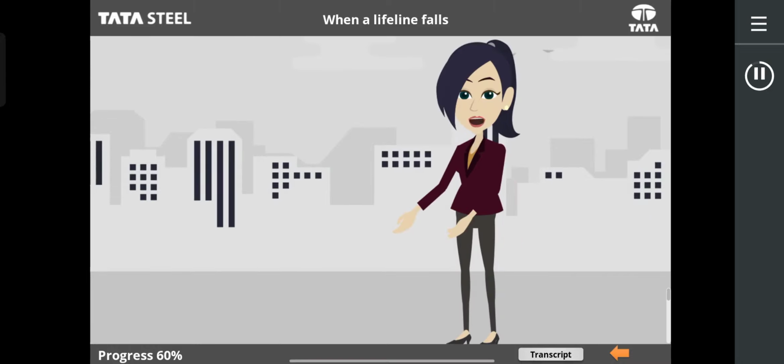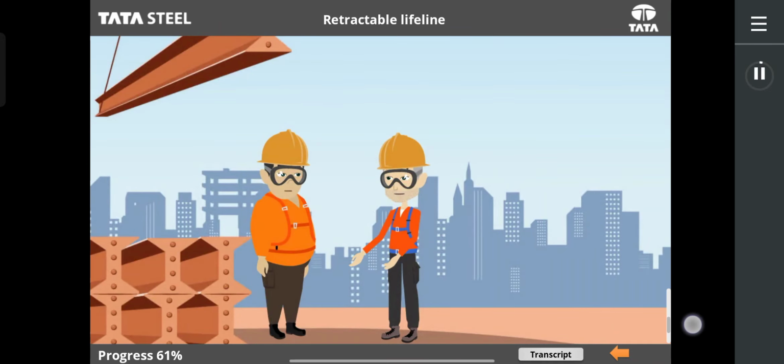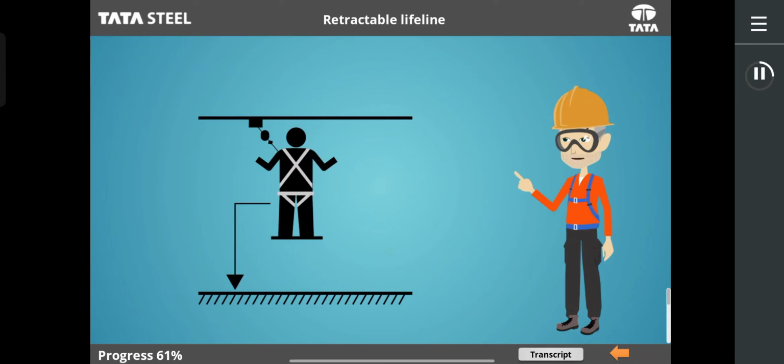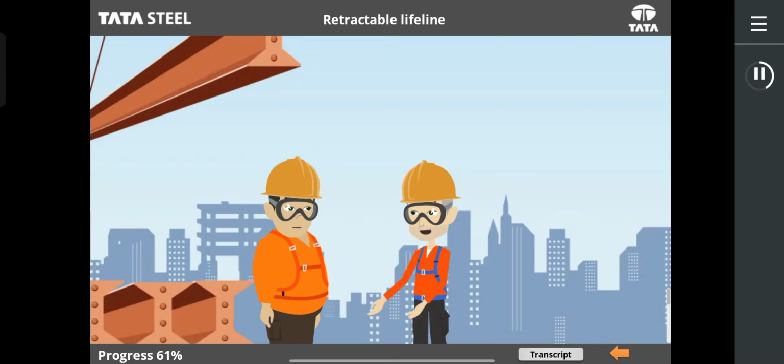Let's have a close look at a few points which we need to consider when using retractable lifelines. A retractable lifeline is a fall arrest device that is used in conjunction with other components of a fall arrest system. A properly inspected and maintained retractable lifeline, when correctly installed and used within the fall arrest system, automatically stops a person's descent in a short distance after the onset of a fall.